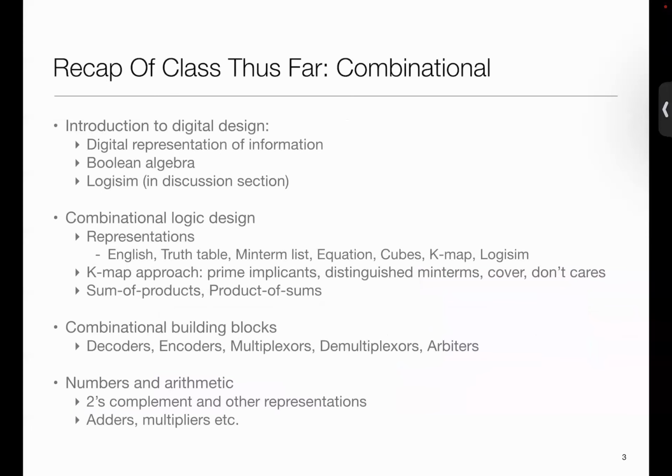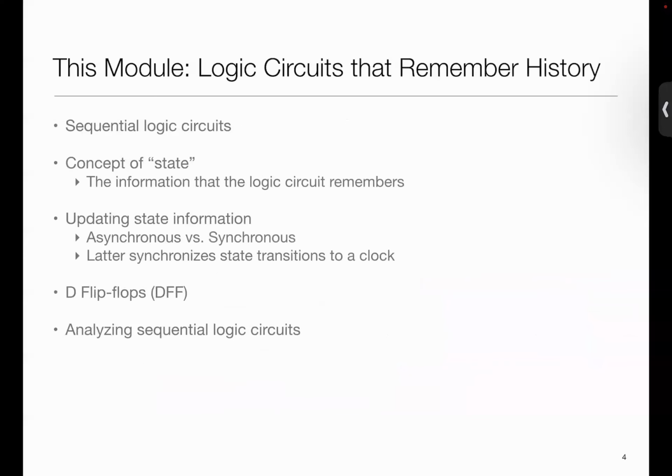So thus far, we looked at memory-less systems, combinational systems, and we saw a whole bunch of them for doing different kinds of operations, including most recently arithmetic. Sequential logic is the name given to systems that remember history. The key question is how much history to remember. If a system has been running for a long time and keeps getting inputs over time, conceptually you could say I need to remember every input that I've ever seen in the past, in the general case.